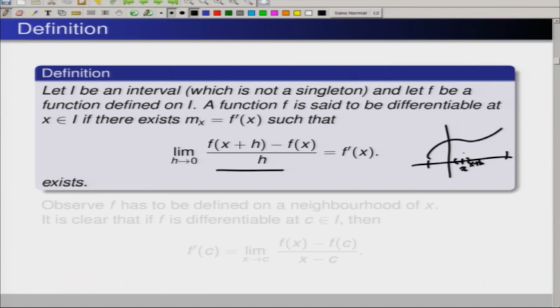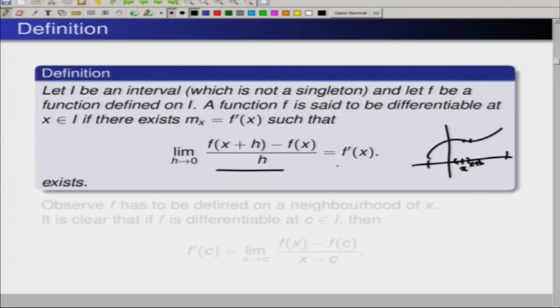Now, f of x plus h minus f of x by h is nothing but the Newtonian quotient. Now, if h goes to 0, that means x 2 here is x plus h and x 1 is x. So, x 2 minus x 1 is h, and x 2 going to x 1 means h goes to 0.